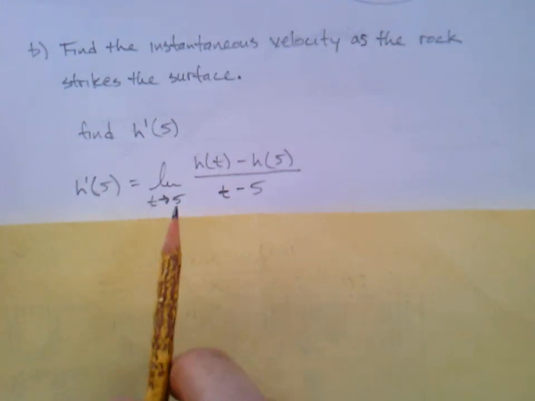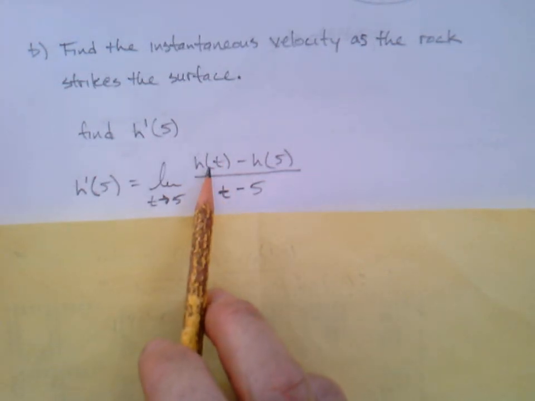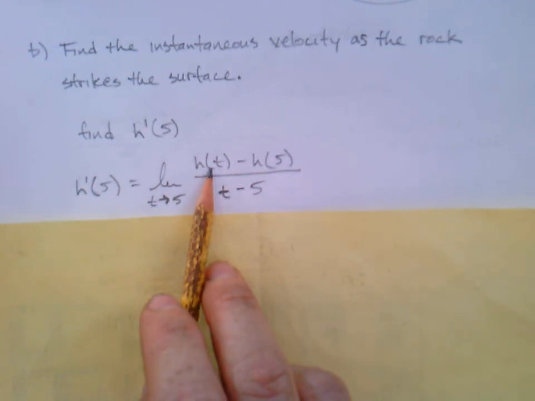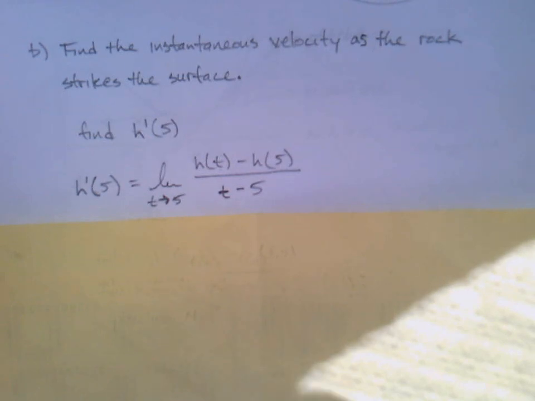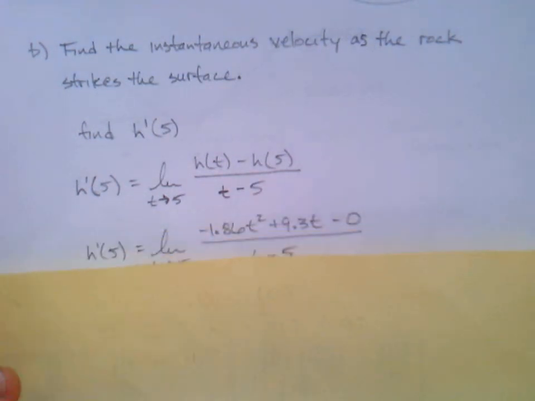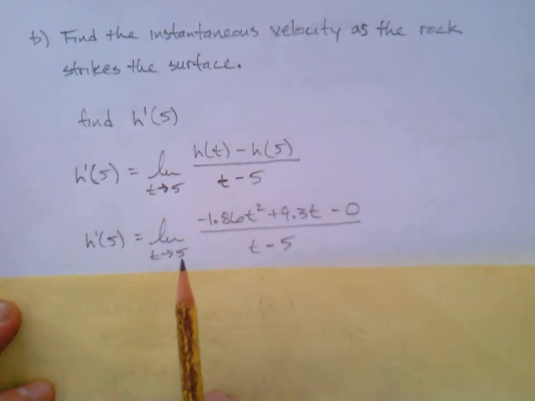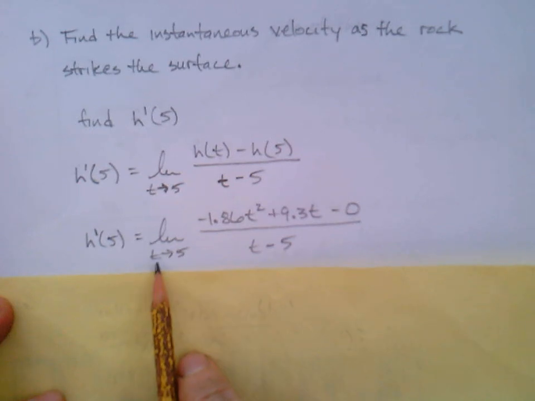And what I'm going to do is plug in our function here that we saw up above for h of t. I'm going to plug in h of 5, and it's going to be this. So h prime 5 equals the limit as t approaches 5.